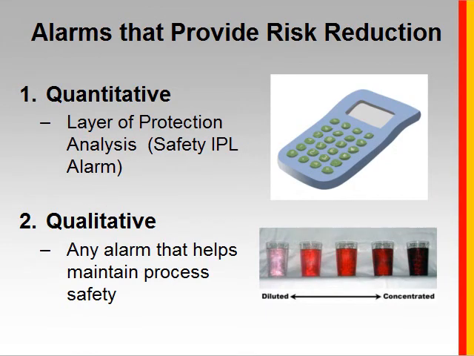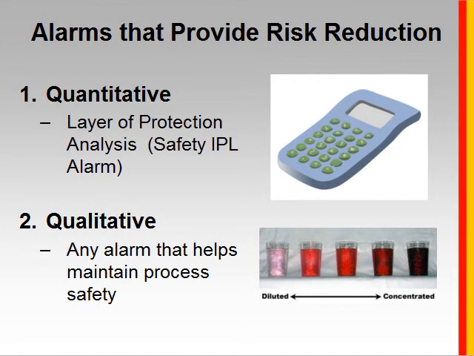Now, the scope of this presentation is primarily focused on alarms that provide a quantitative level of risk reduction, meaning they're part of a layer protection analysis. They're safety IPL alarms. But the best practices, certainly related to the ISA standard, work for any alarm that provides a level of safety or supports safety.